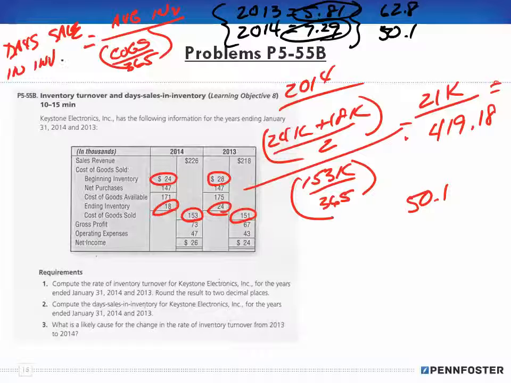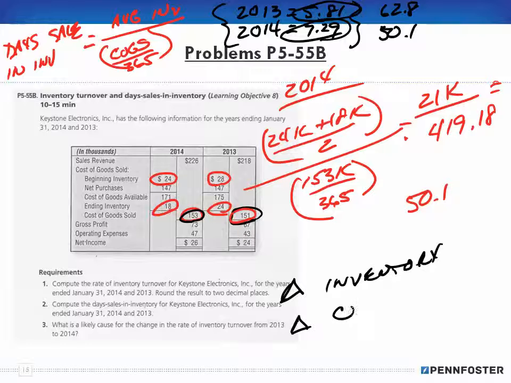If you notice, the cost of goods sold stayed relatively constant. I mean, we're only talking about from year to year. Before I go there, when you're looking at inventory turnover, you're only looking at basically two different things. You're looking at inventory, all right? So we're talking about the change in the inventory, and we're talking about the change in our cost of goods sold, right?